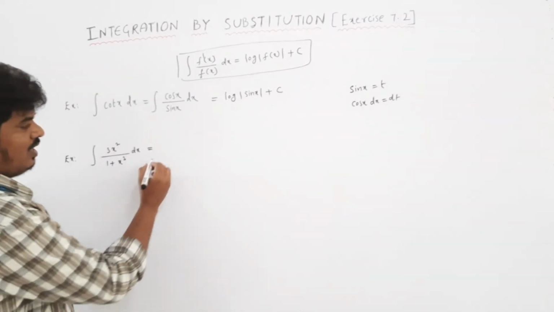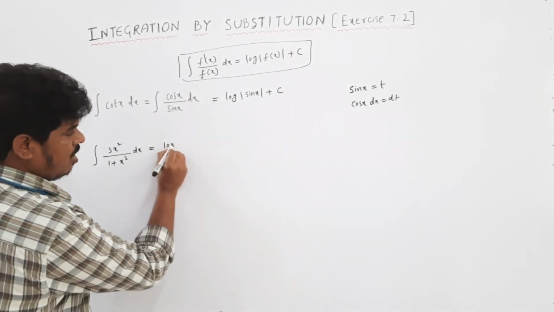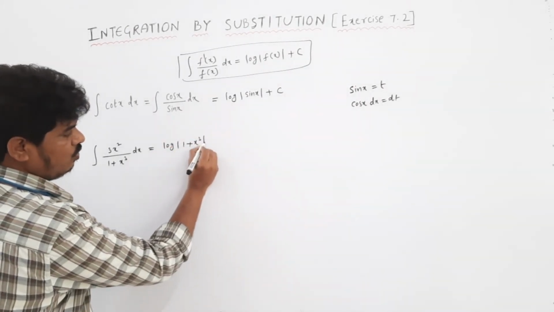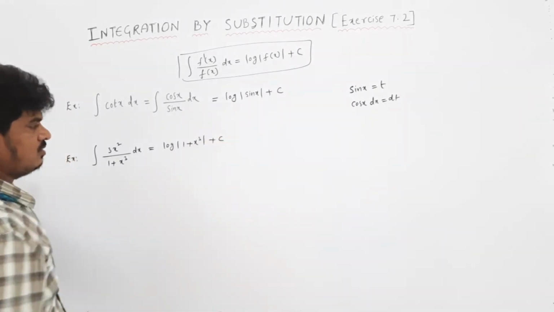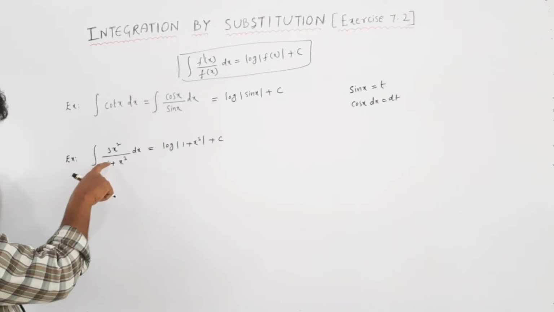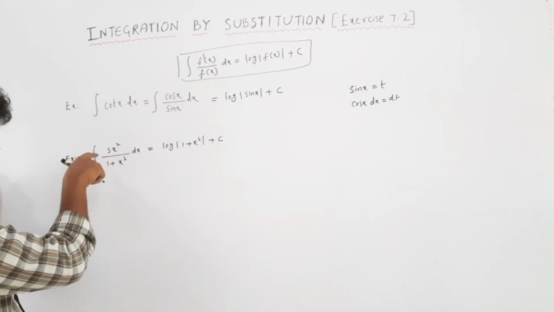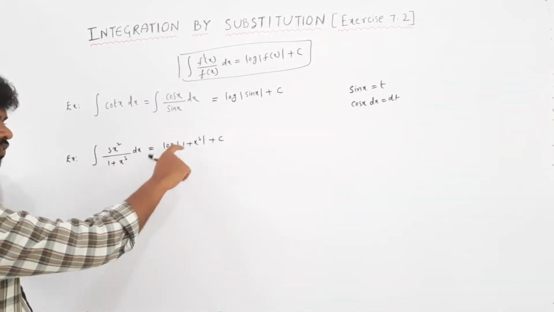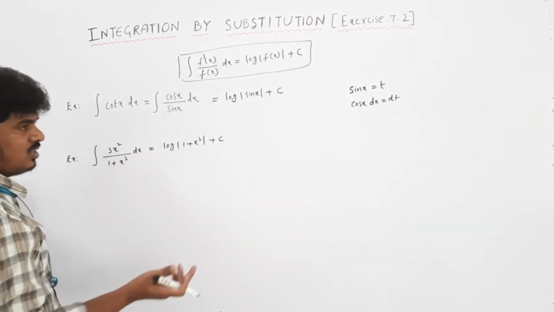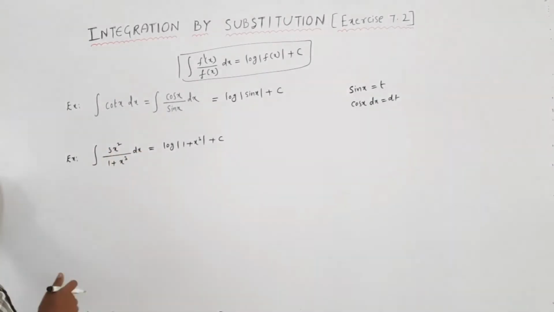So directly we can write log mod 1 plus x cube plus c. Denominator is f of x, numerator is f dash of x. Directly the answer is log of the denominator. Even by using the substitution method you get the same.